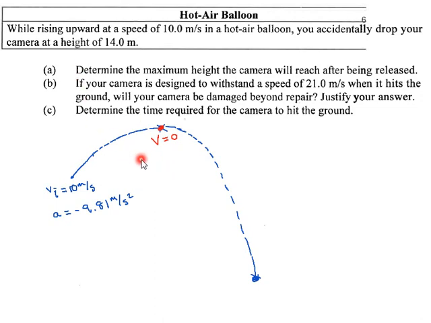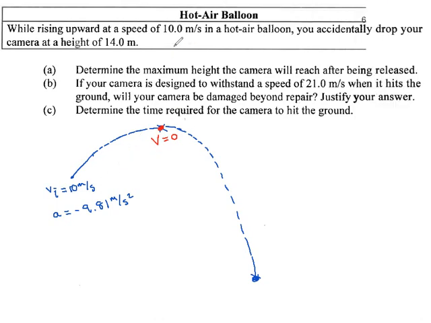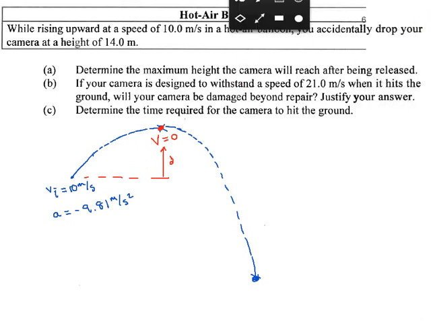And they want to know how high that is. So we're trying to find how much of a distance there is between where we started and when we get to there. We want to know that d. So we have initial velocity, we have acceleration, we have final velocity, and a formula you might consider using that actually wouldn't work that great would be distance equals VIT plus 1/2 AT squared.